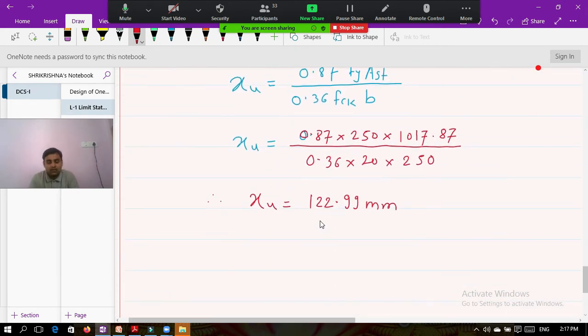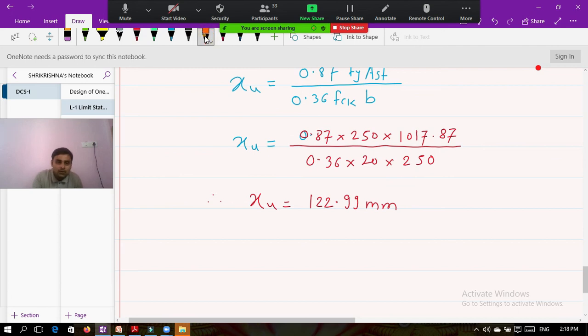We have the value of Xu now. If we calculate Xu max, then by comparing Xu and Xu max, we can say whether the section is under reinforced, over reinforced or balanced. So our next step is to calculate the value of Xu max.